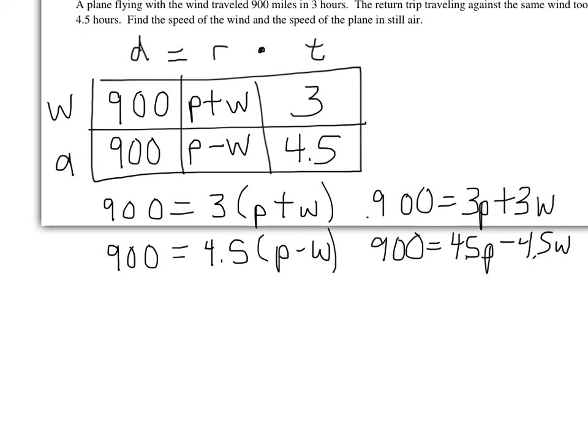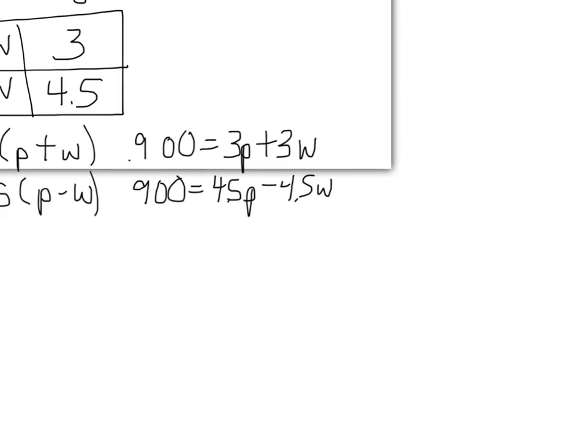Substitution or elimination? I don't think it matters, but I'm tempted to use elimination. We have 3 and we have 4.5. I changed my mind. It really doesn't matter, but I think what I'm going to do is solve the first equation for p.